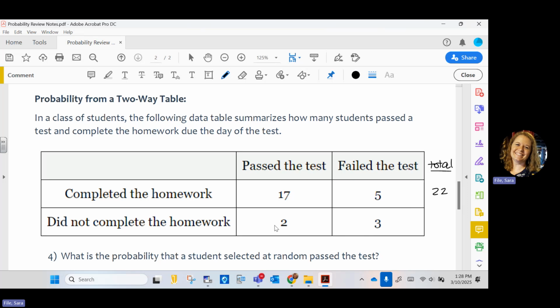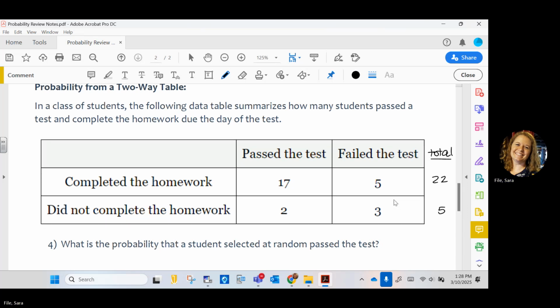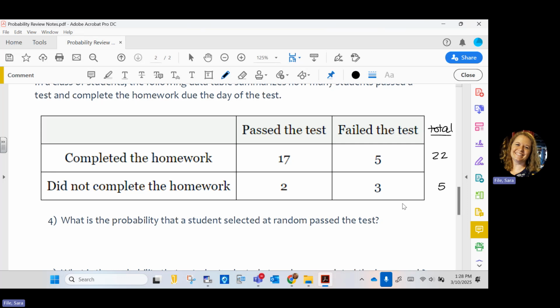Okay. 2 did not and passed. 3 did not and failed. So 5 total did not complete the homework. I'm also going to put the totals under here. So the total of people that passed the test, 17 plus 2, is 19.